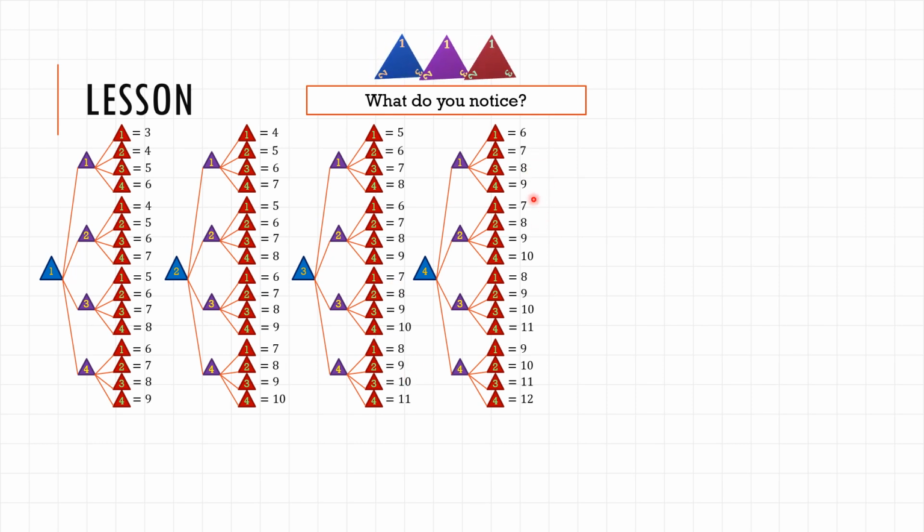And I wonder if that pattern might hold up for any other numbers here, like let's say 4. There's 1, 2 4s, and then 1 4, and then none over here. Or what about 6? There's 1, 2, 3, 4 6s, 1, 2, 3 6s, 1, 2 6s, and then 1.